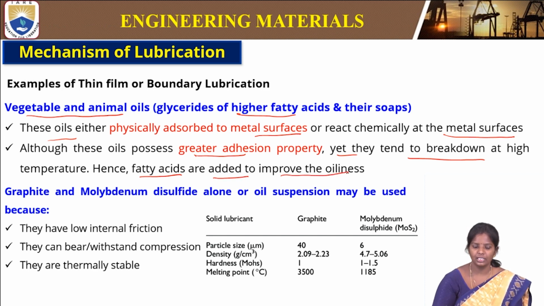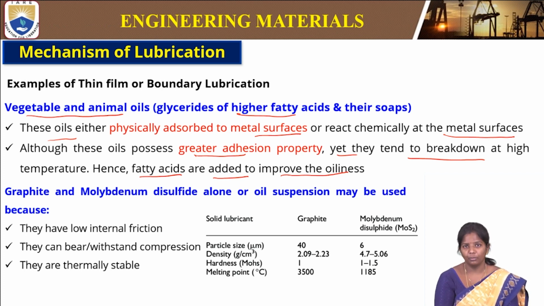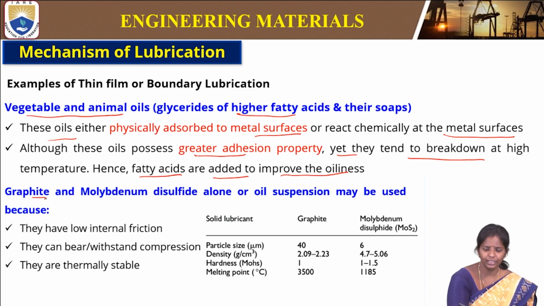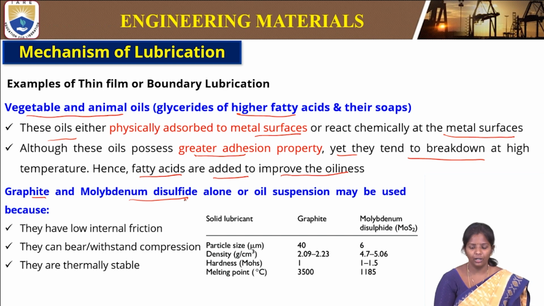Mineral oils, vegetable oils and animal oils tend to reduce their lubricating property after a certain or critical temperature. So fatty acids or other additives are added to improve the oiliness of that particular lubricant. Graphite and molybdenum disulfide alone or as an oil suspension may be used.